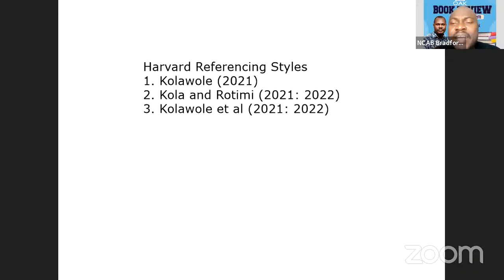If you are referencing a company, that is where EndNote comes in. If you want to use EndNote, it will tell you how to reference, for example, a website. There is a space there on EndNote that will help you learn how to reference a website.